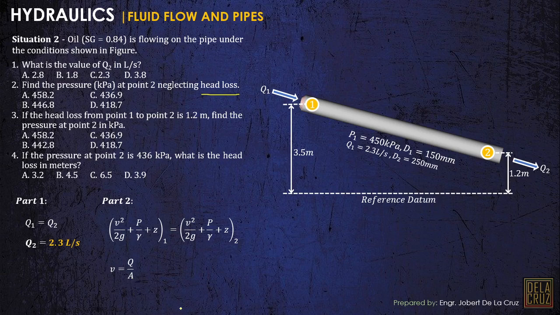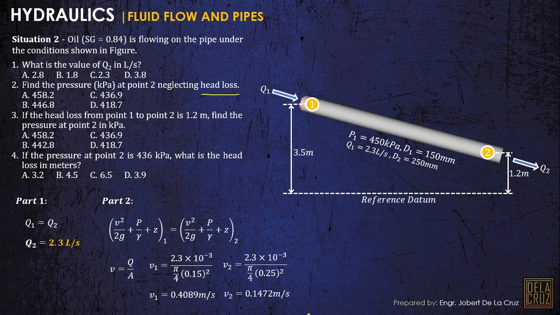For point 1, the discharge is 2.3 liters per second, converted to cubic meters per second, divided by its cross-sectional area, that is pi over 4 times the diameter, 150, so in meters, 0.15. We have that value here. For point 2, the diameter changes to 250, it became larger, so 0.25 meters. Then we have the velocity.